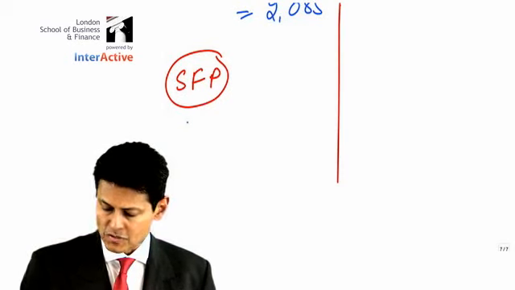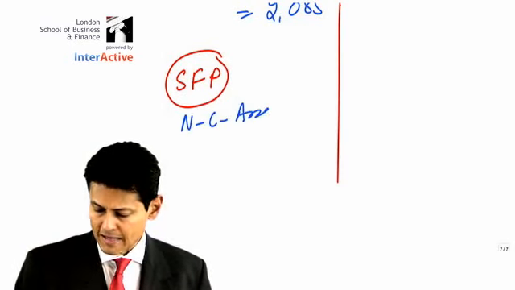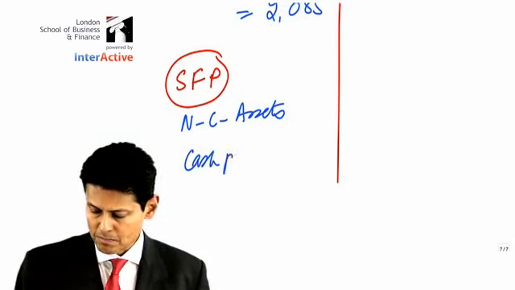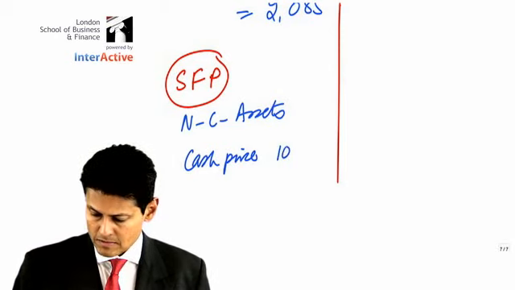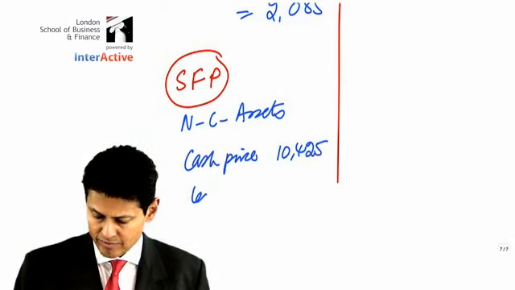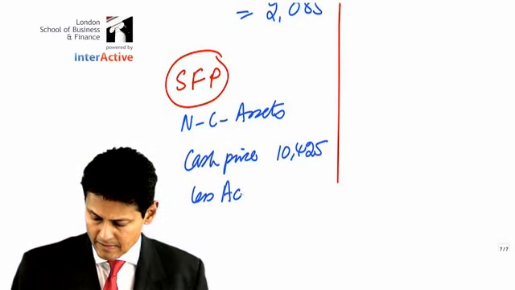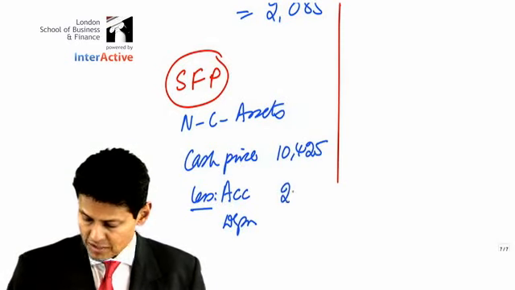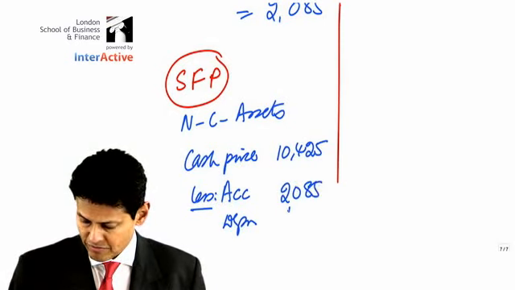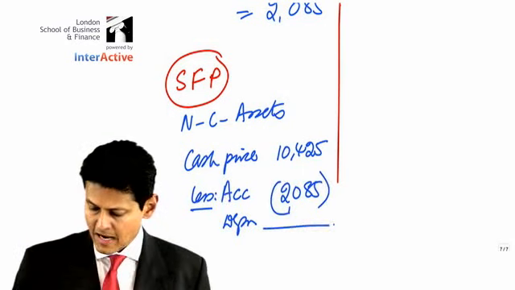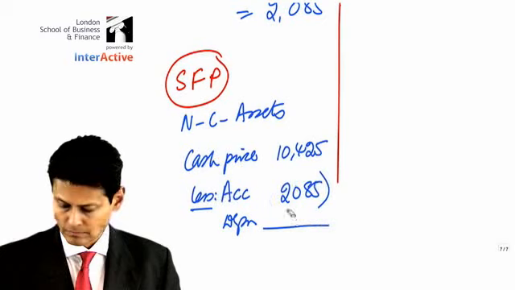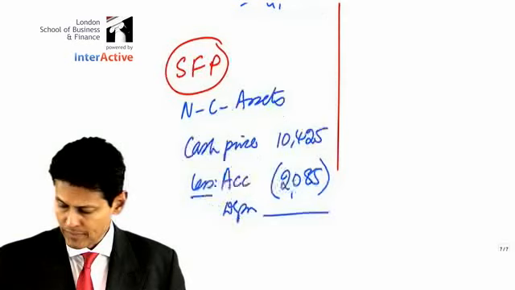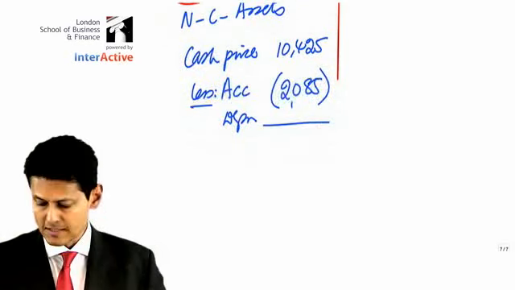And again, quite straightforward. In the non-current assets section, we're going to have this motor car, cash price, 10,425, less accumulated depreciation, which at the end of the first year is 2085, which when deducted from the cash price should give you your net book value.